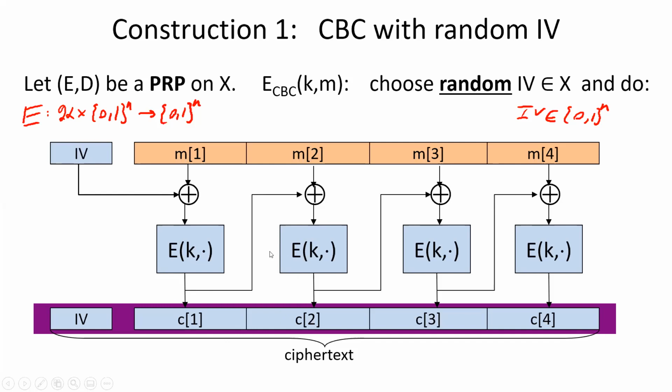So basically, fix the ECB mode by randomizing the plaintext blocks using fresh initial randomness, and then using cipher blocks as randomness for each next plaintext block. That's the design, and it comes out as a natural fix to the ECB.